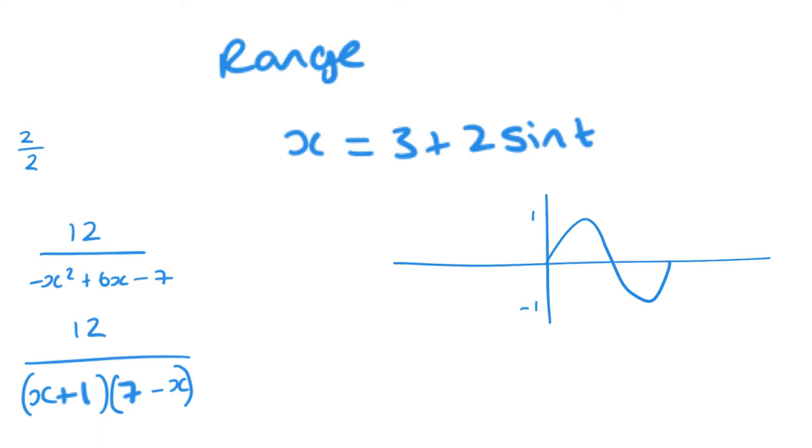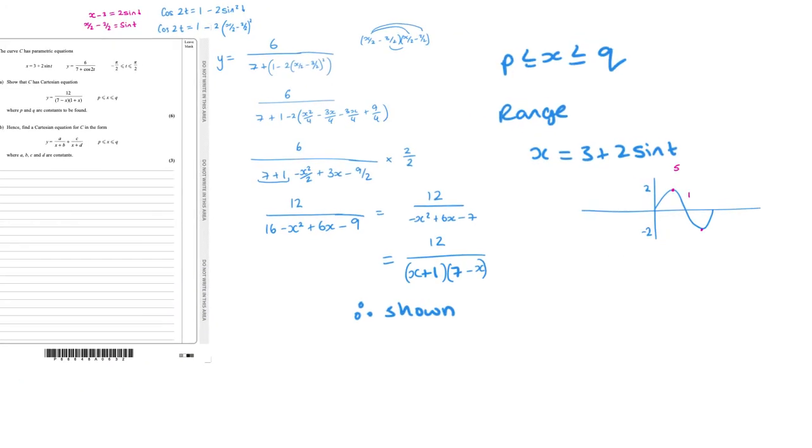But what happens when we do 2 sine of that? We multiply it by 2. Now what happens if I add 3? Yeah, this is going to move up to 5, and this is going to move up to positive 1. So my range is between 1 and 5. So that means 1 is less than or equal to x is less than or equal to 5.